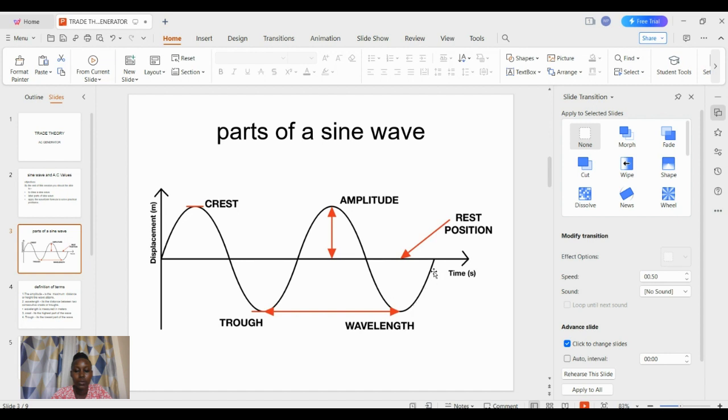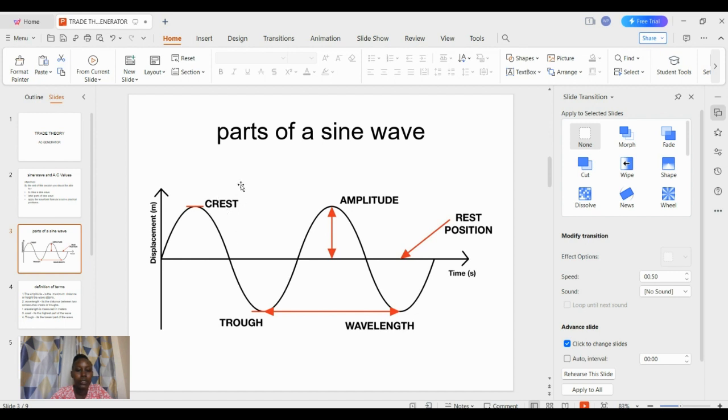As you can see from the graph, it is moving up and down in a pulsating manner. So in this graph of ours, we have several parts of a wave. That is a sine wave, and we have crest, we have trough, we have amplitude, and we have wavelength.